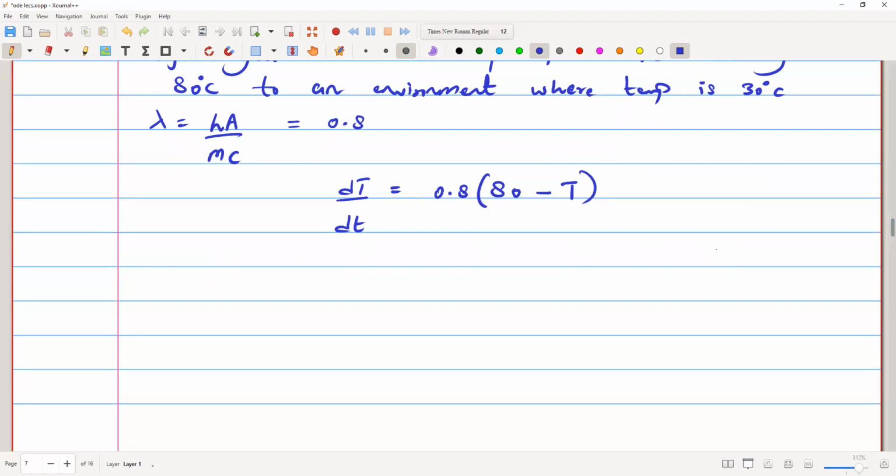So it's up to us. So dT over dt, and we can move this 0.8T to the right side, and 0.8 times 80.